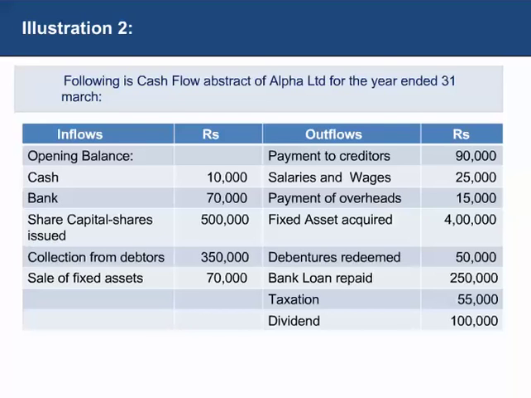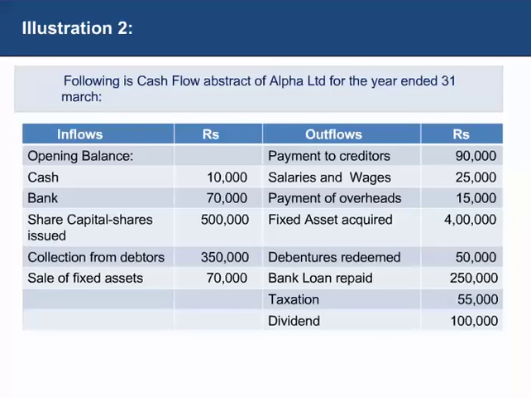Debentures redeemed is given as 50,000, and this should again click in your mind that this should be your financing activities since debentures are being redeemed and debentures help you to source your capital. Bank loans repaid is 2,50,000, and again this should be your financing activity because you would have taken bank loans and that's why you are repaying them. If you have taken bank loans, that means you are financing your cash flows through them.